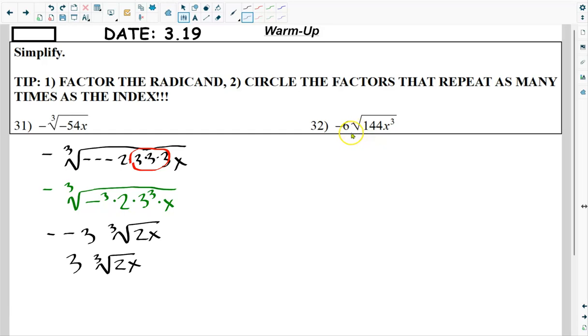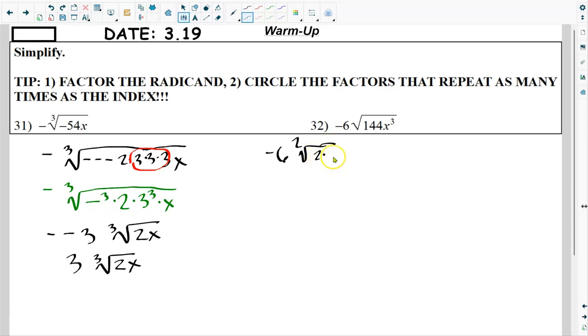Now let's look at this one, also a little fast. So we have the negative 6, and this would be what? 12 times 12, right? So we're going to have 2.